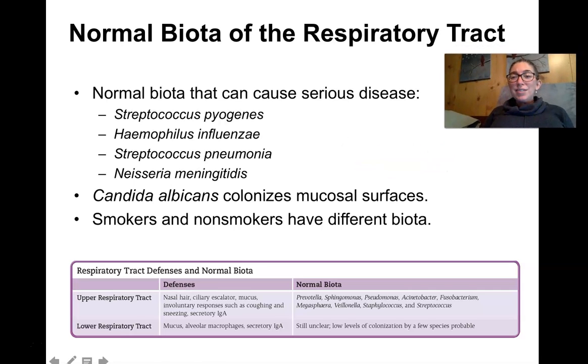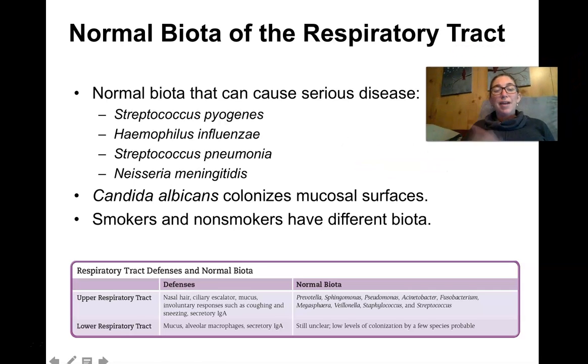Because it's open to the environment, there are so many bacteria and fungi that we breathe in all the time that some of them do colonize our respiratory tract and live there as commensals, as normal flora. We'll see a running theme in this unit, that normal flora, although they can be normal and harmless, can also still get into parts of the body and cause disease.